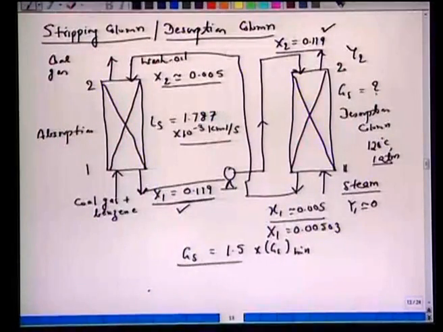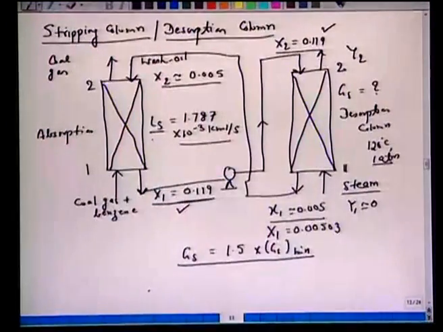This is just the reverse of what we had in the absorption column, where we said that LS is 1.5 times the minimum amount of liquid. So we have a similar procedure here, following what we did earlier. First we will draw the equilibrium curve, and this equilibrium comes from Raoult's law.